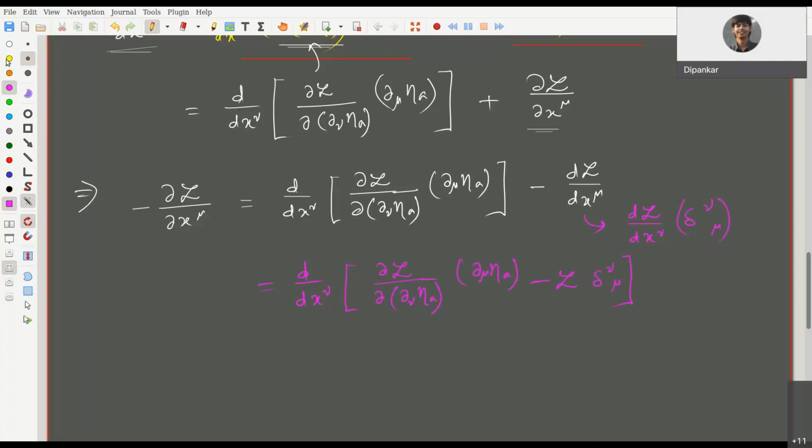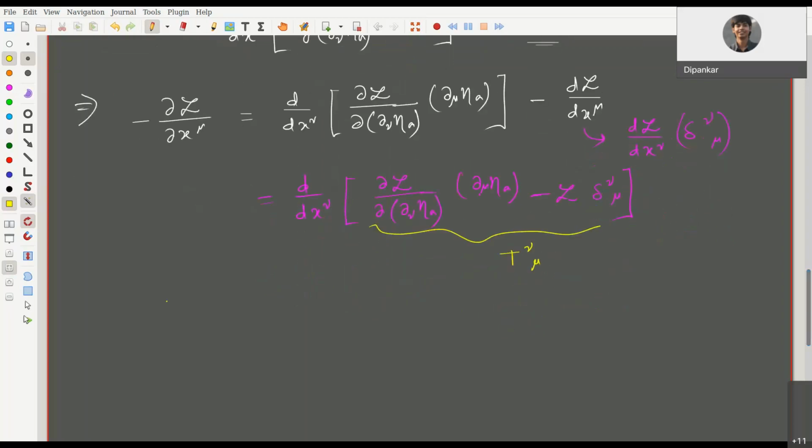So I am going to call the term inside the square bracket, this is a second rank tensor, I am going to call it T nu mu. Okay. So my equation becomes d x nu of T nu mu equals minus del L del x mu.